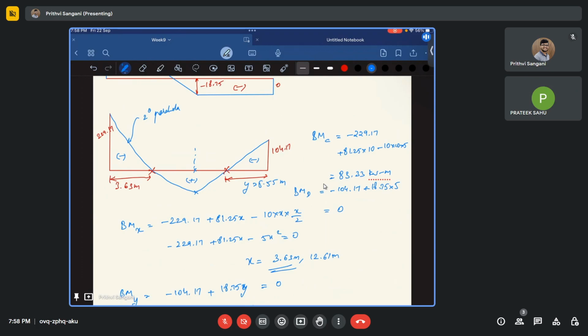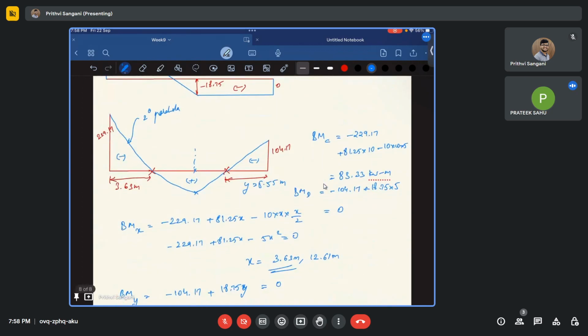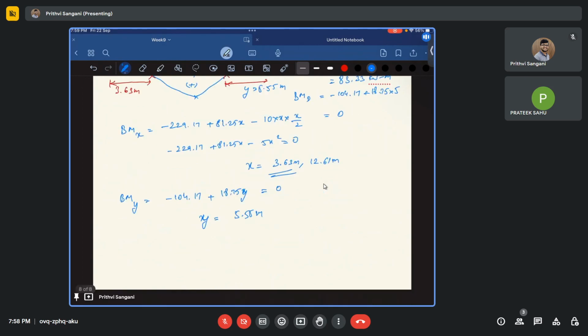By that we developed the displacement and slope equations, added them, and found the redundant forces P and M. Then we drew the shear force diagram and the bending moment diagram, and also found the points of contraflexure. Okay, this is about question one.